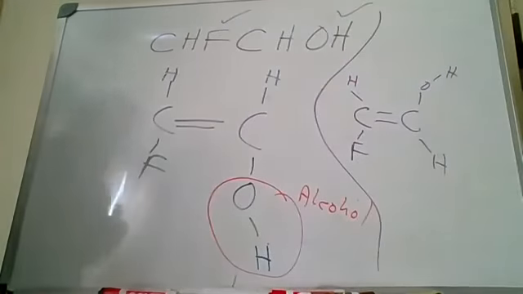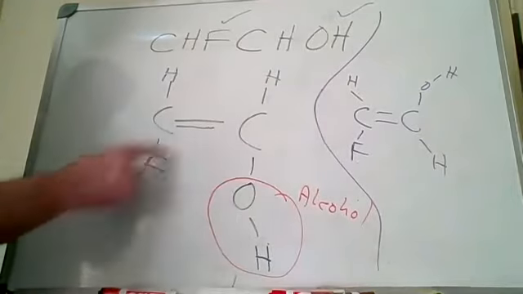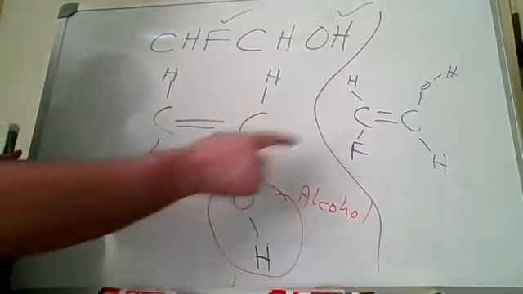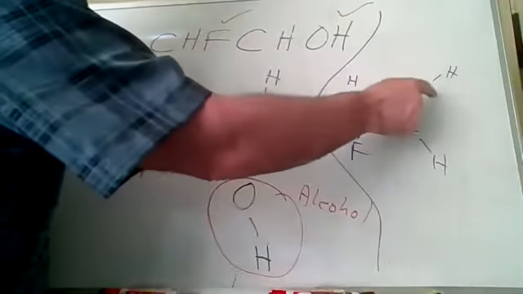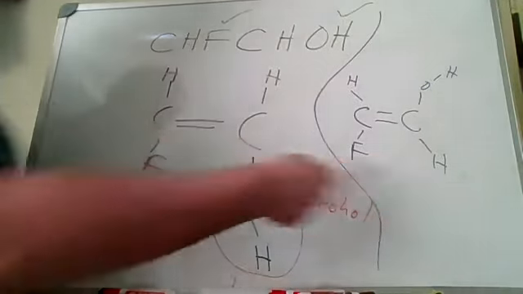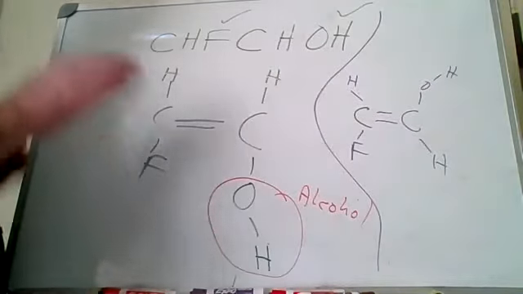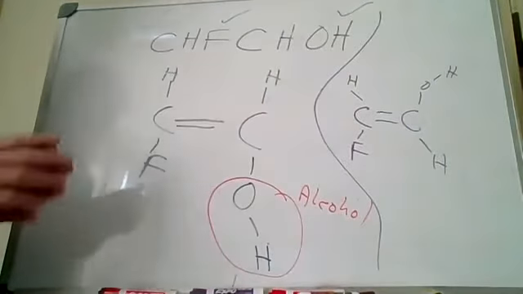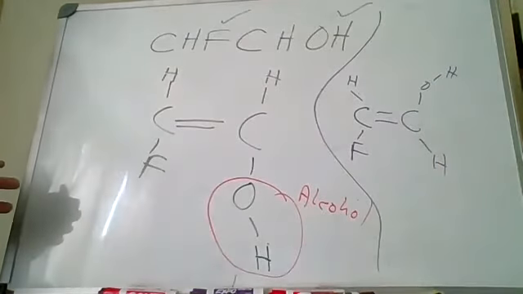Okay, so you see the difference here. In this one, the alcohol and the fluorine are on the same side of the molecule. In this one, the fluorine and the alcohol are on opposite sides of the molecule. These are two completely different compounds. Now, I'm not going to ask you to worry about that. This is just introductory chemistry.